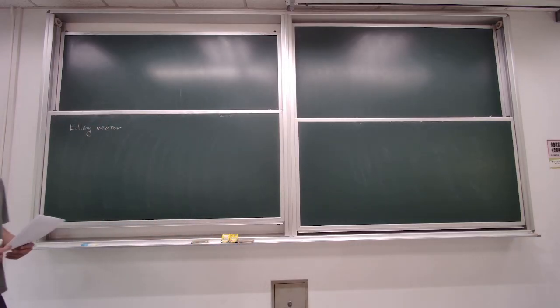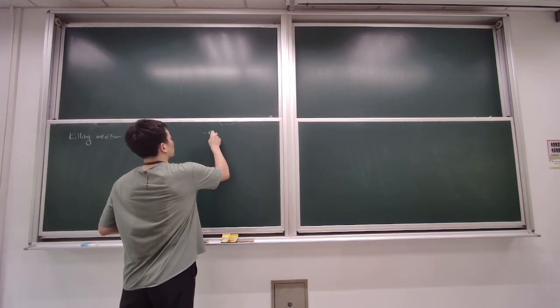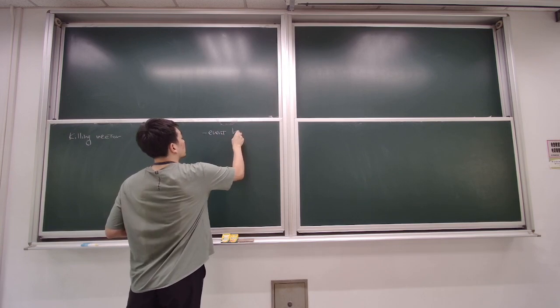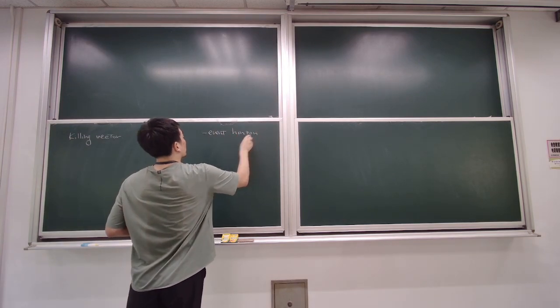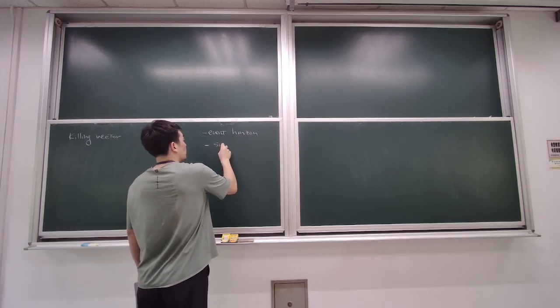So we already know the event horizon, and we somehow encounter so-called surface gravity.